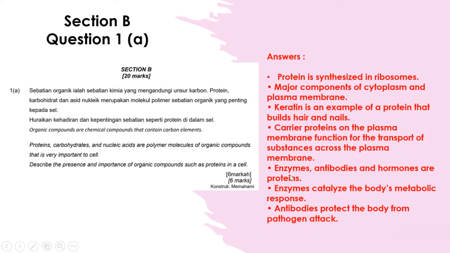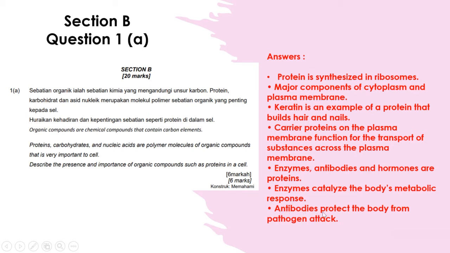You can also give other examples of proteins, which are enzymes, antibodies, and hormones. What is the function of the enzymes? Enzymes catalyze the body's metabolic activity or metabolic reactions.